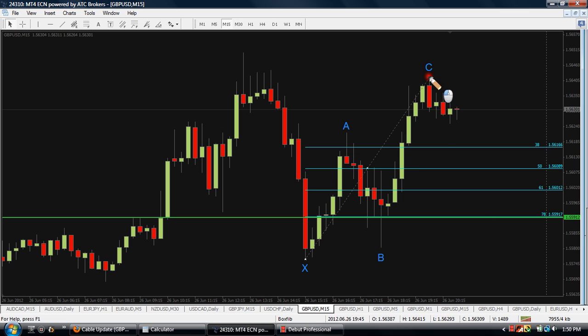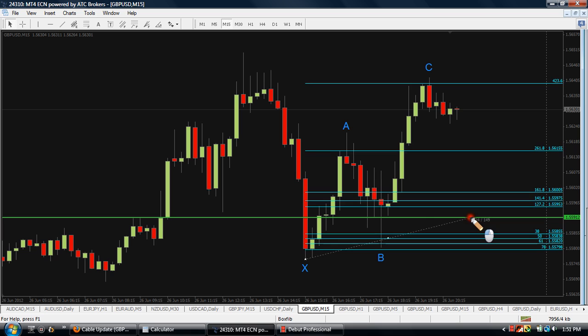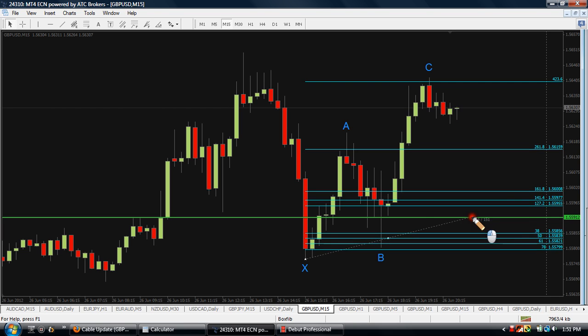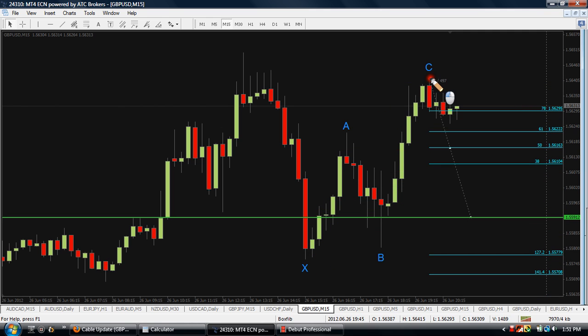But as it stands right now, if we're using the green line, assuming that's going to hold to be D, we'll spin our fib around, and now the retrace for our profit targets will be where price comes from, which is the C high, down to the D here.